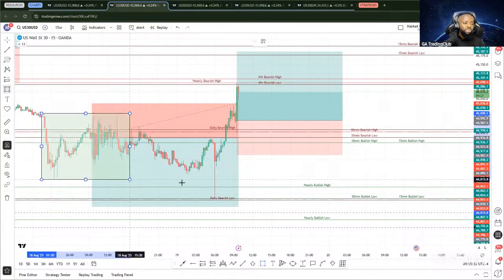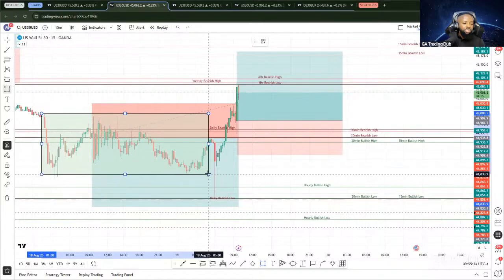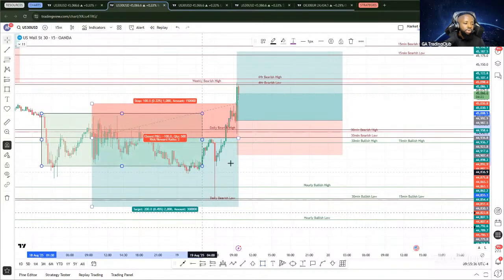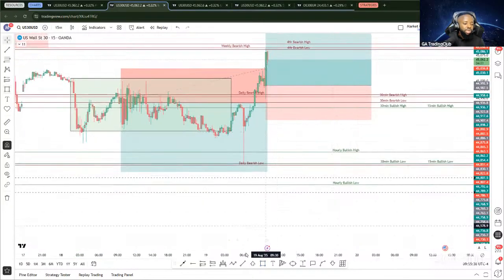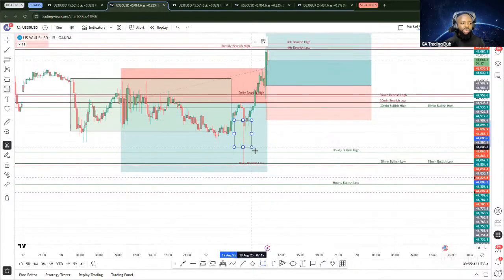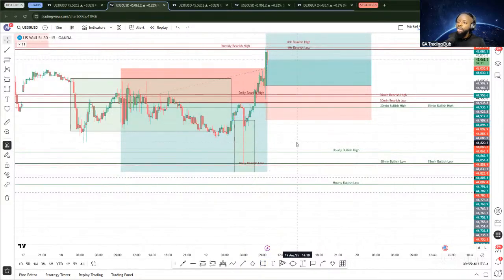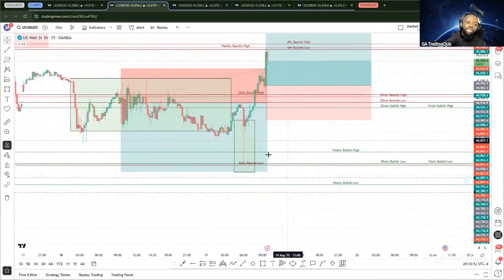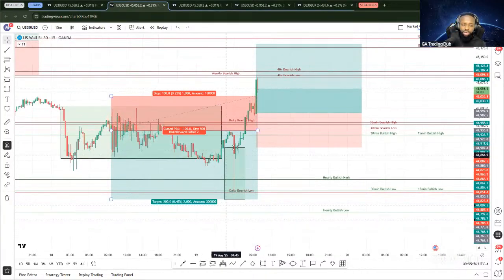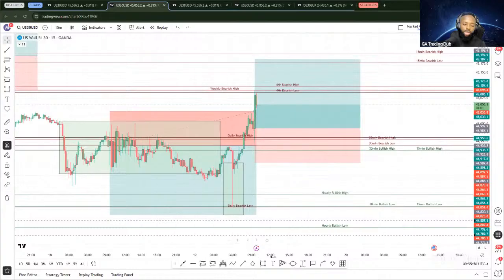So yesterday, I'm sorry, price was consolidating for US30, right? So when price is consolidating, you normally expect a breakout. And a good amount of times, the first breakout that happens is kind of like a fake out, or a trap to lure in people that think price is now going to break out in that direction. And when that breakout happens, price comes back into the consolidation phase and then breaks out to the opposite end.